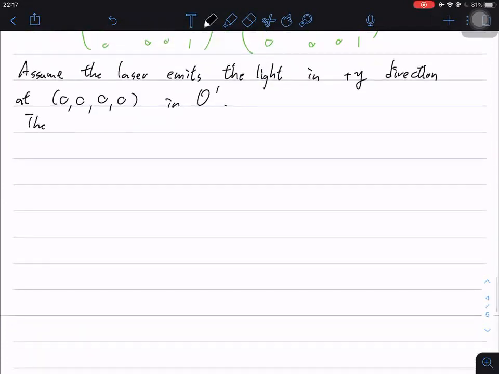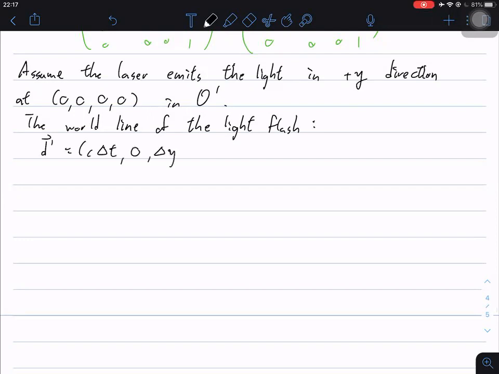So the world line of the light flash would be, let's say the path of the light is d prime, the prime because it's in the O prime frame. The d prime should be equal to c delta t prime, 0, delta y prime, and 0.